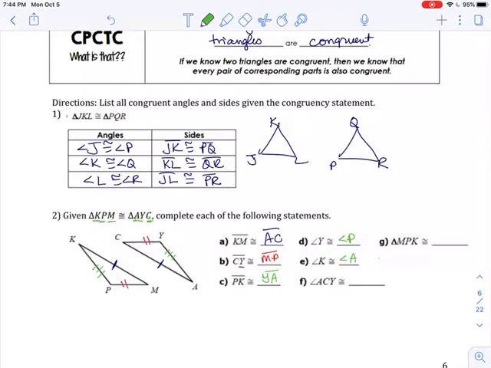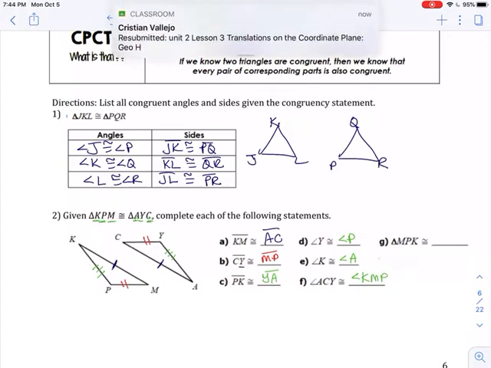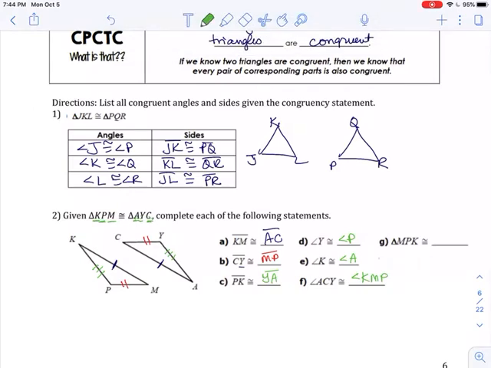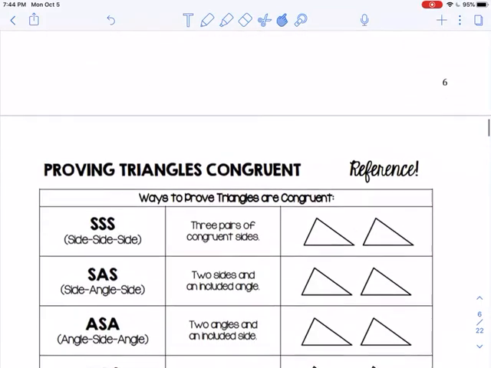So A, then C, then Y. Same thing, K, then M, then P. See how I'm doing the same order of the letters? K, then M, then P. And then I could say that triangle MPK, going in reverse order, is congruent to triangle CYA.